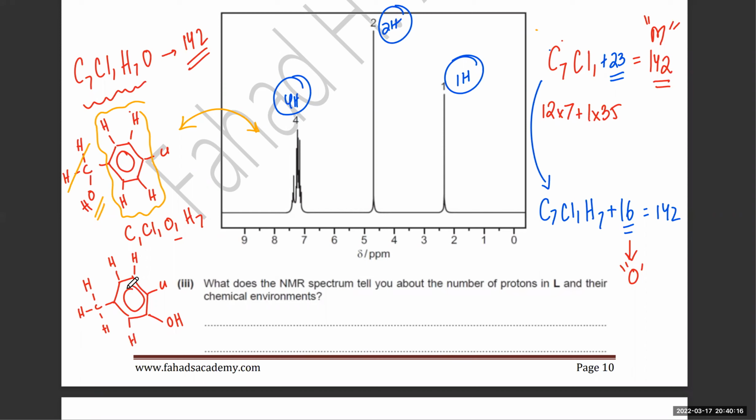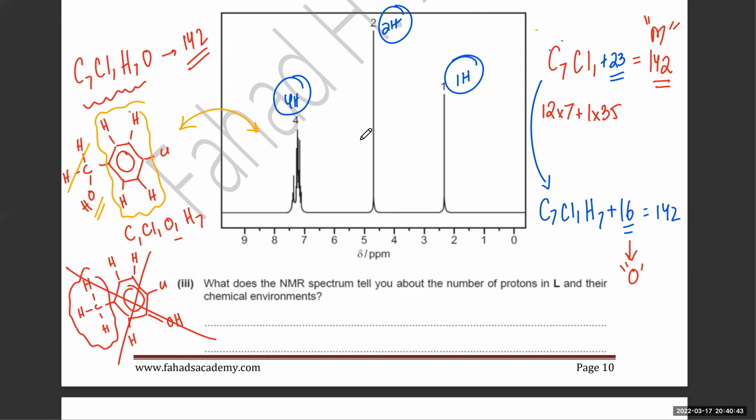This is not going to be the correct structure because there are 3 hydrogen protons in the same environment. That's not possible because we would have gotten a peak with a relative ratio of 3, which we don't have here. So we don't have 3 hydrogens in the same environment. I've rejected this one.